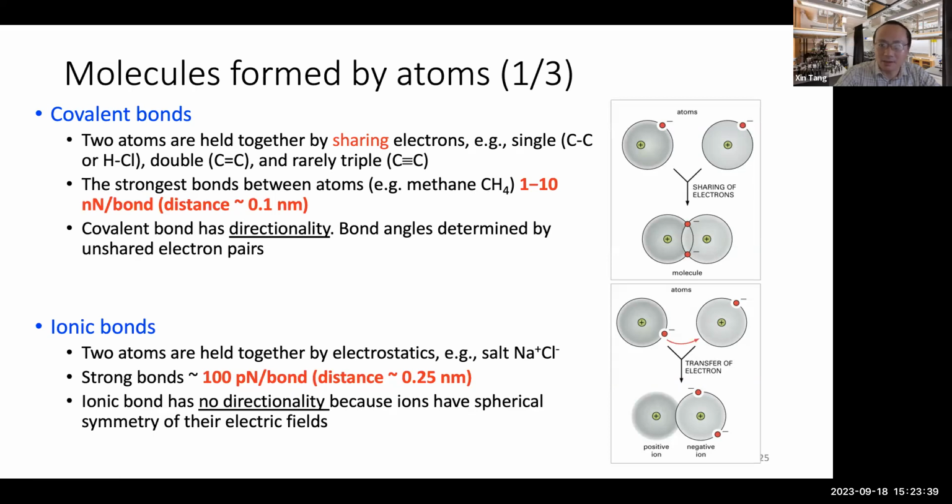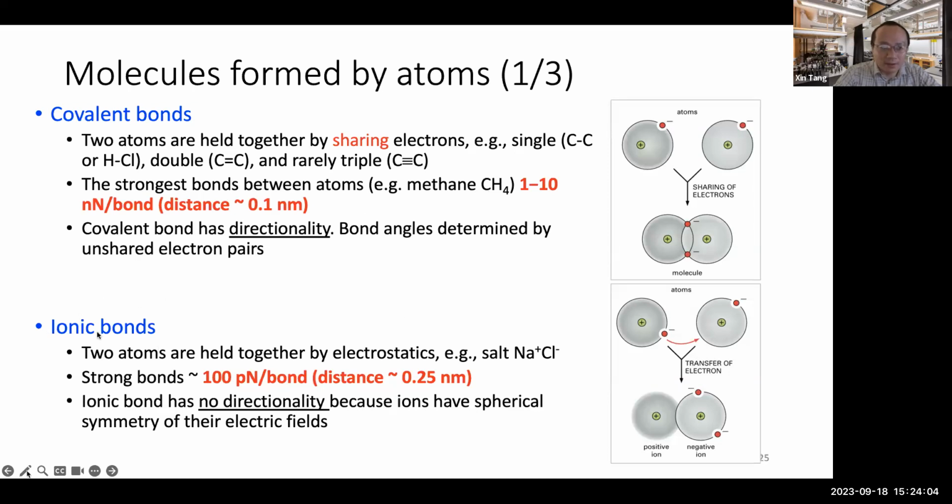But at other times you want the bond to be non-directional, then you gain more flexibility. If you don't care whether the structure is stable and want flexibility, then you need to avoid the covalent bond and choose another bond that has no directionality. Okay. So those are the key properties you need to know.